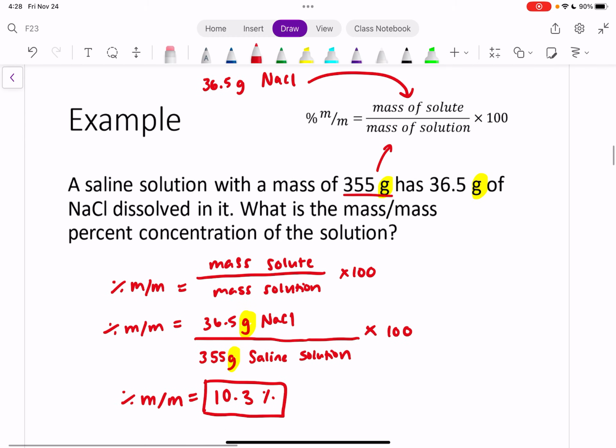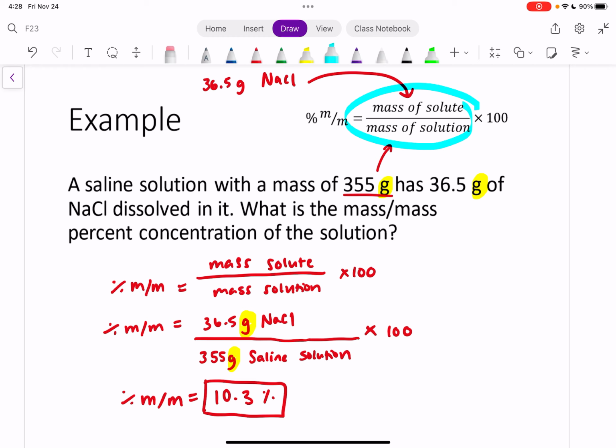So what does this number actually mean? Well, it means that around 10% of this solution is sodium chloride. That's the concentration of sodium chloride dissolved in our solution. And when we think about this conceptually, looking at this part right here that I've circled, we have the mass of our solute, the thing that we're dissolving, and the mass of our total solution.